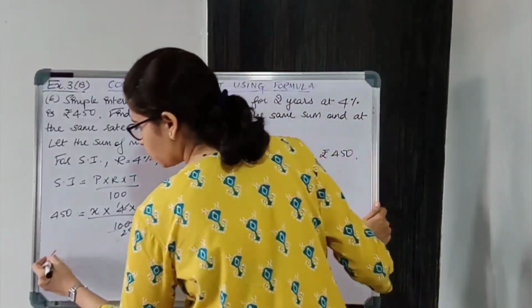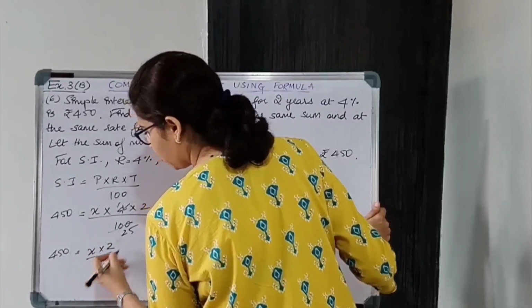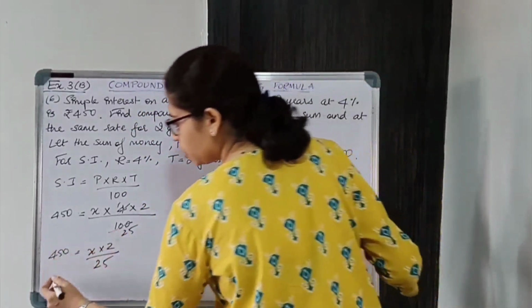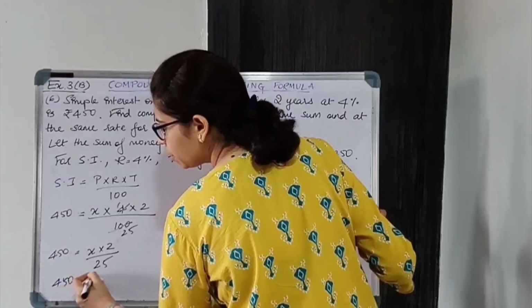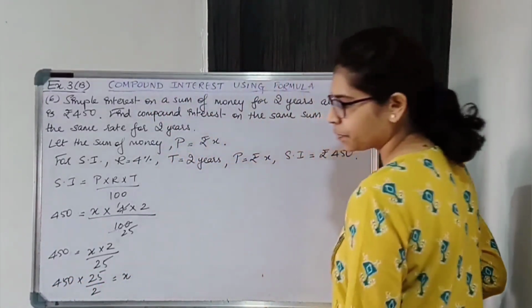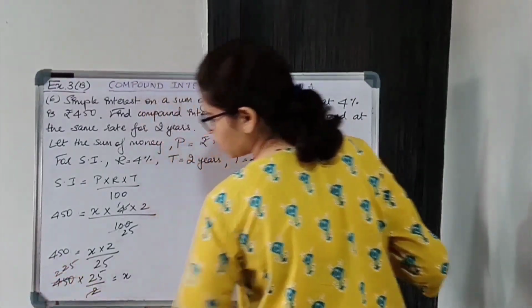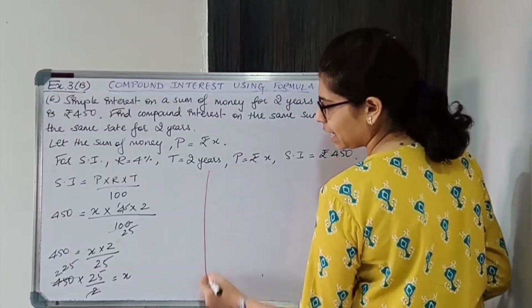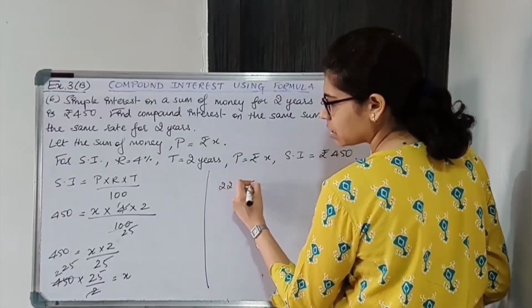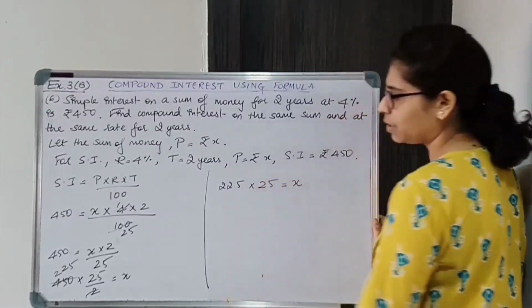Okay, so we get 450 is equal to X into 2 upon 25. Let's shift the numbers on the other side. So 450 into 25 upon 2 is equal to X. So 2 225s are 450. Okay, so we get 225 into 25 is equal to X.